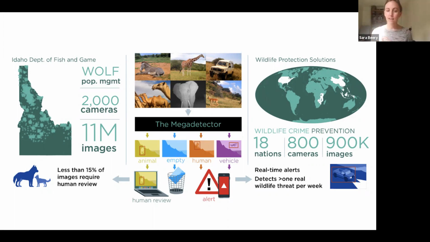If they catch vehicles or humans in protected areas where they're potentially not supposed to be, they send real-time alerts to the managers of those protected areas. This is pretty vital for catching potential poachers or people doing things like illegal coal burning.